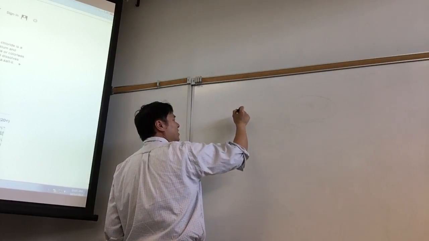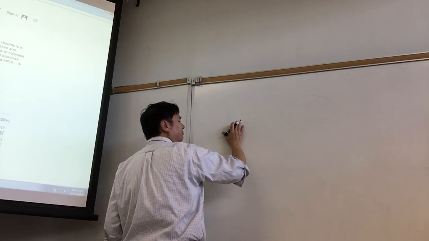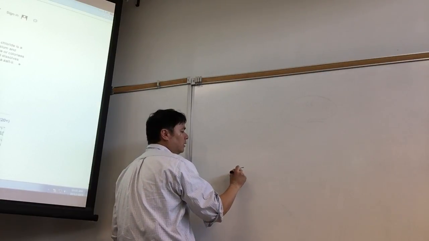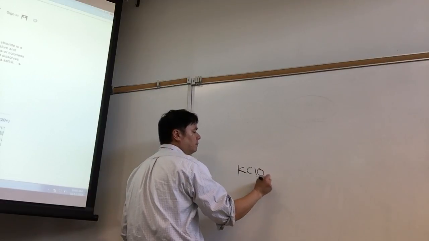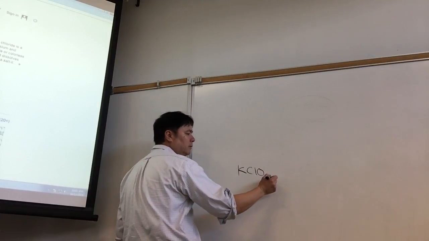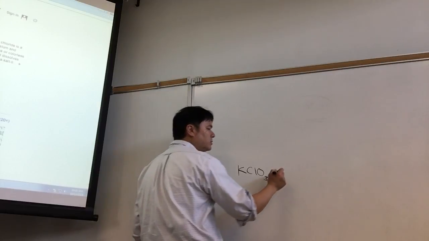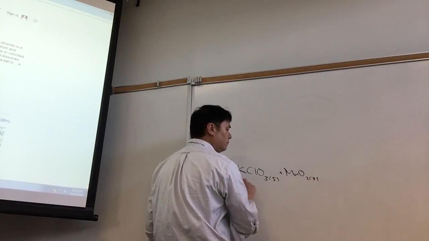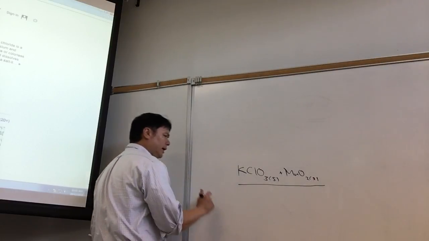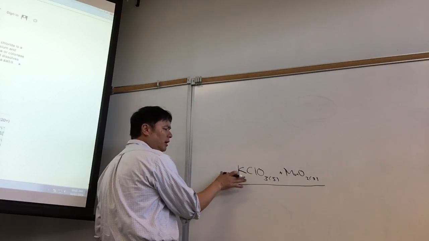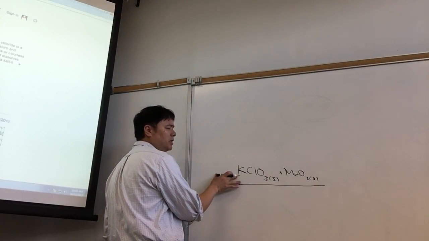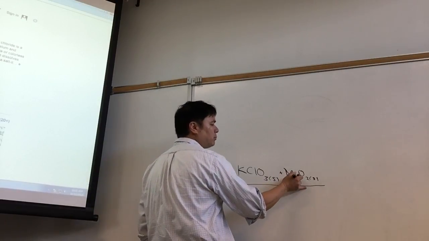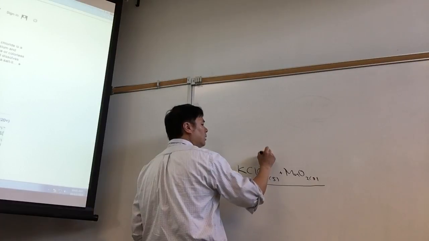For example, in tomorrow's lab, what we have to do is we have to heat this up. Let's take a look. KClO3, this is going to be our system. And then there's going to be some MnO2, just a little bit of MnO2 solid. And is this going to be an object or is this going to be a reaction? And in addition to reactions, we can have processes occur.